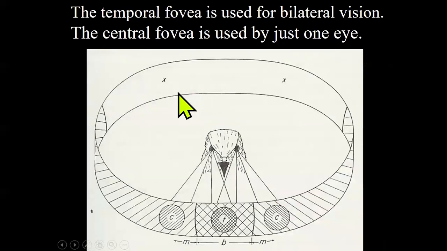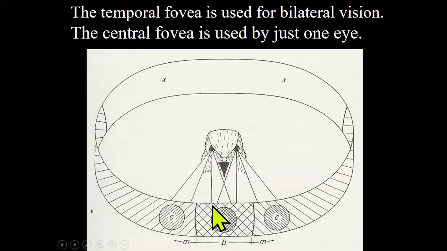So people try to answer the question, well, what do the diurnal raptors use the two foveas for? And you can see that the temporal fovea, the fovea on the outer portion of the retina, when the bird is looking at the image, is in focus on both fovea at the same time.